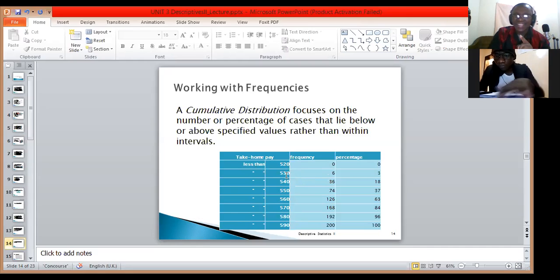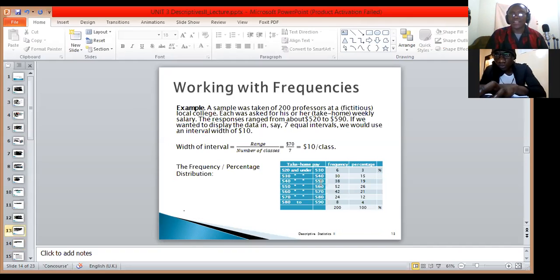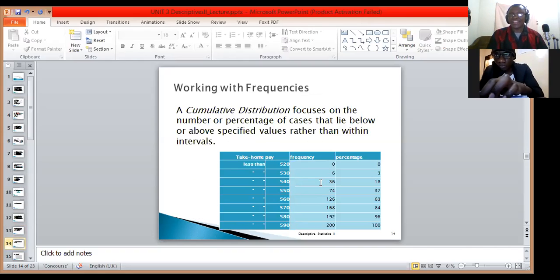Then less than 540, meaning above 530, the frequency was what? The frequency was 30. So 30 plus 6, this is 36.